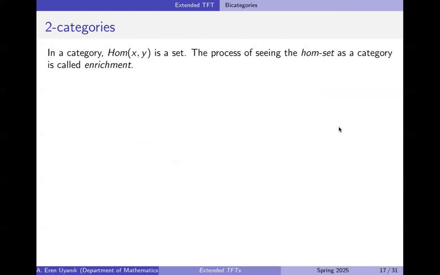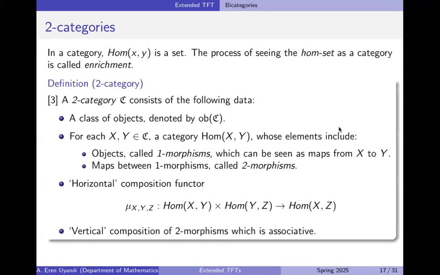In order to define ETFTs, we need to extend our category. In a normal category, if you take two objects X and Y, the hom set is just a set. If you want to see it as a category, this process is called enrichment. At the end of this process, you get what is called a 2-category.